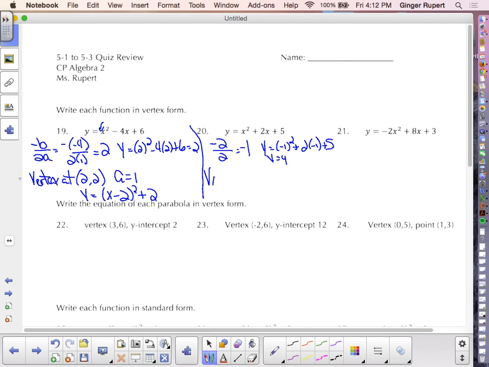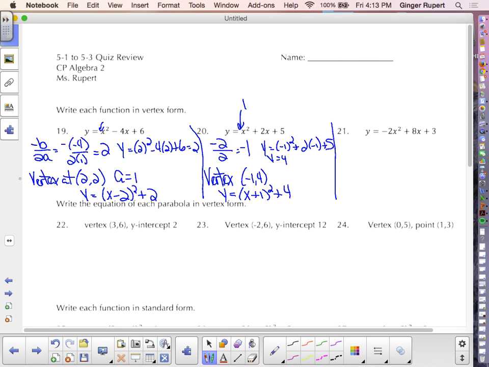So I have a vertex at minus 1, 4. Again, there's no coefficient on x, so I know that has to be a 1. So vertex form will be y is equal to x plus 1 squared plus 4.